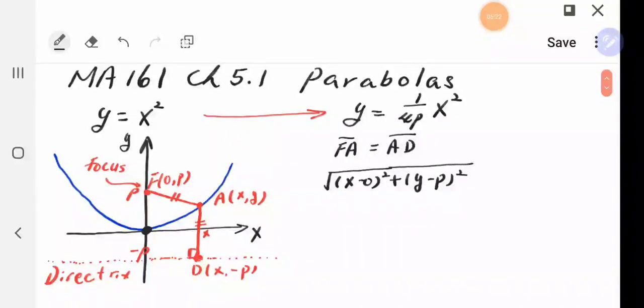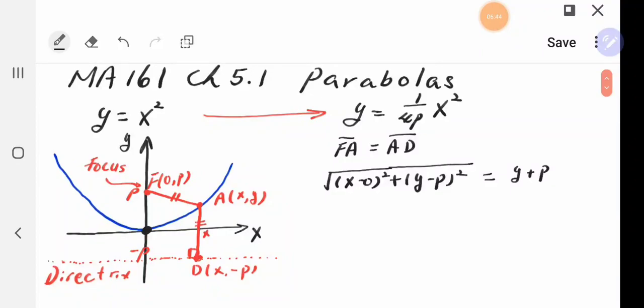That should be equal to the vertical distance, which is AD. The x value is the same, only the difference is the y value, so there will be y plus p. y plus p is the vertical distance AD.